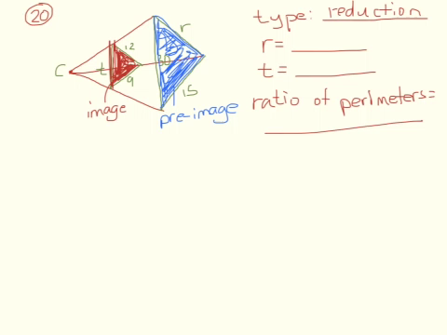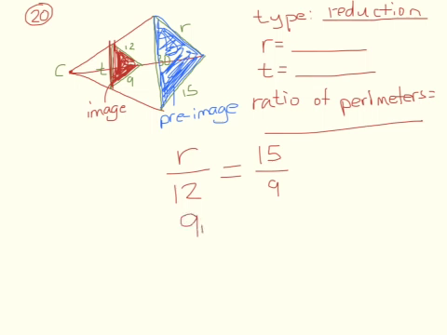So to find the value of R, I know that R corresponds to 12 on the smaller triangle. And so I'm going to use two other sides that I know. I know 15 corresponds to 9, not to 19, but to 9. And then I can just go ahead and cross multiply and divide here.